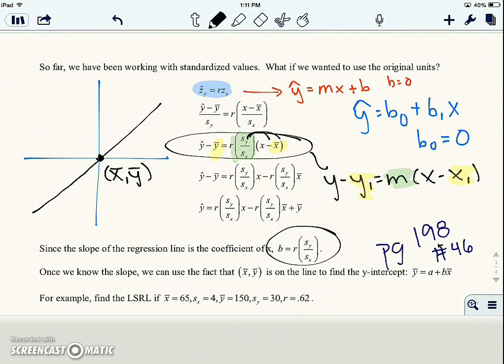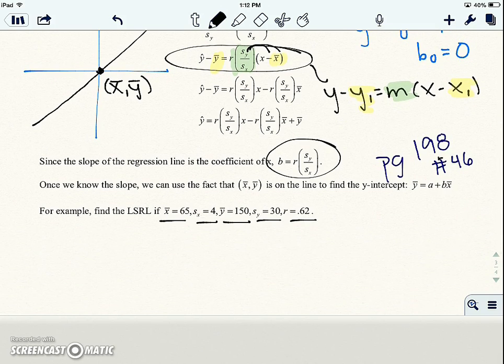What we're going to do is use the formula. They can give us the x bar, the y bar, the s of y, the r, and the s of x, all of the pieces to fill into the formula and find the line of best fit.